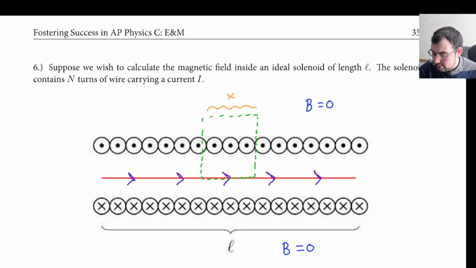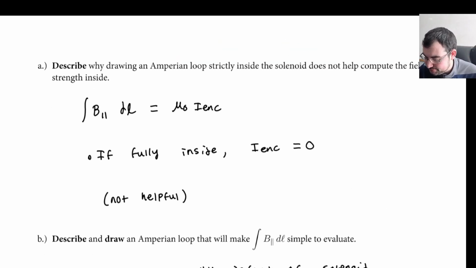Our vertical traveling pieces are perpendicular to B, so it's 0. And outside the solenoid, there's no B field, so it can't circulate if there's no B field. So the only contributor is this side on the bottom.